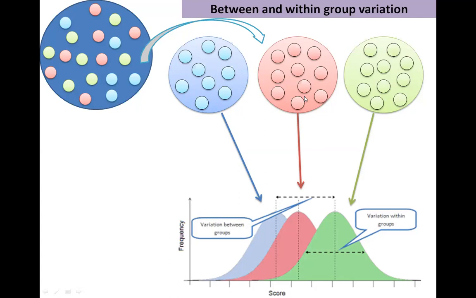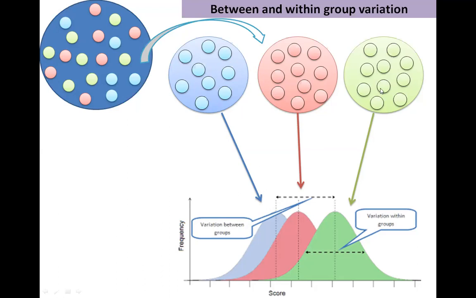We can correlate this with our school or college life. For example, this is a population of 10th standard students, and these are class A, class B, and class C. With respect to percentage, we find differences among the topper, the first rank holder, and the second rank holder.